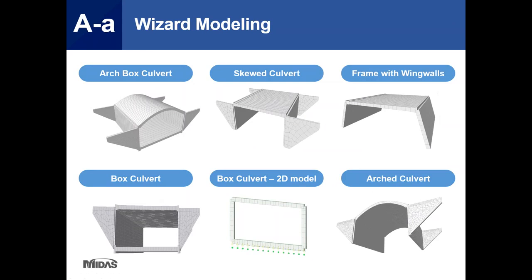Based on the wizard, you will be able to create all different types of frame, culvert, and pie type reinforced concrete structures. Some of the examples are as shown over here. I'll be showing you how to model each of them.